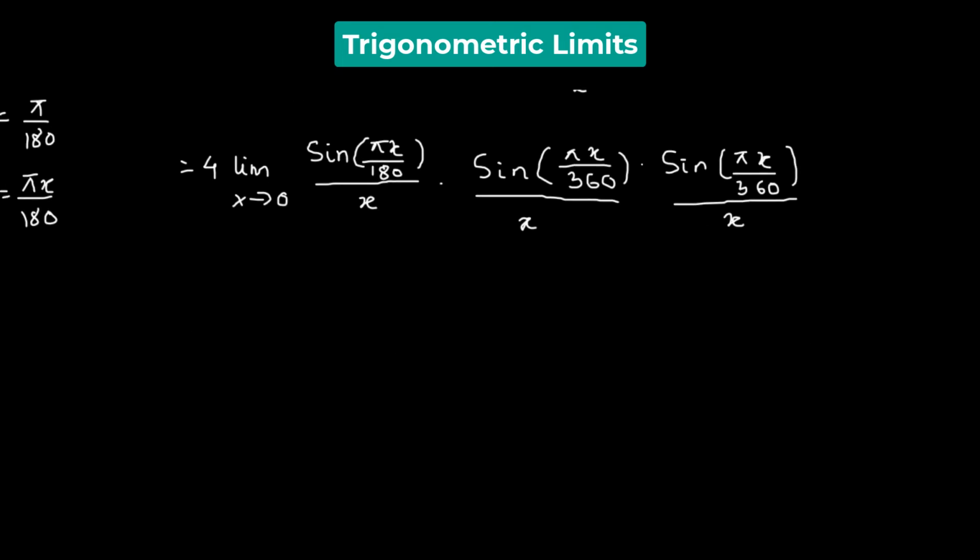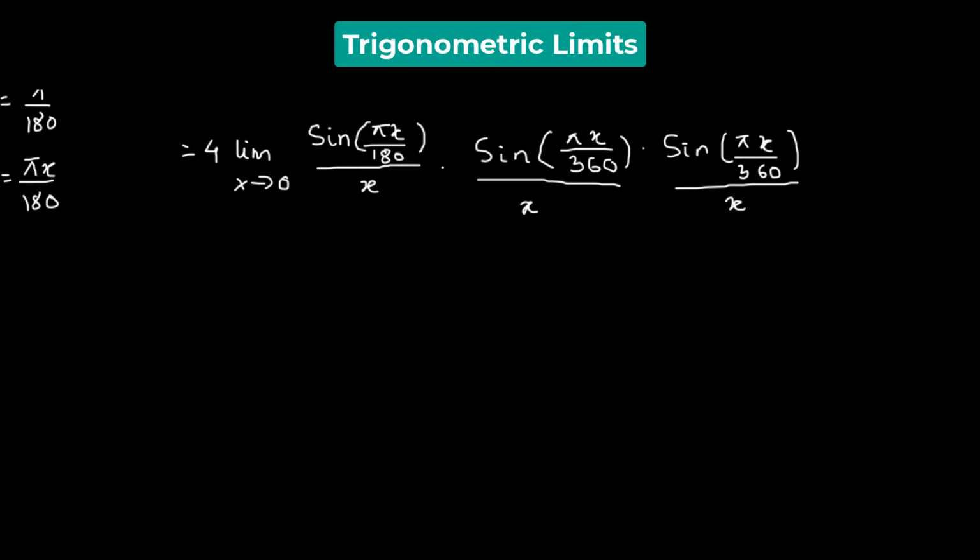Now what we're going to do here is we are going to multiply the first function, sine pi x over 180 divided by x.